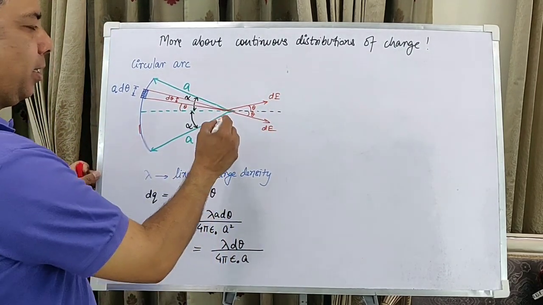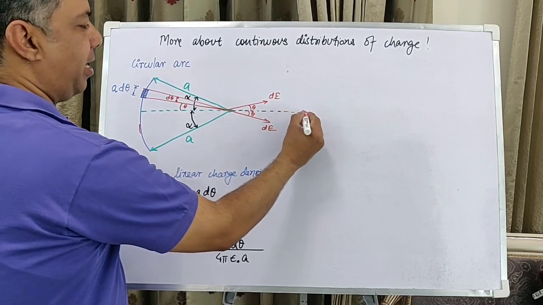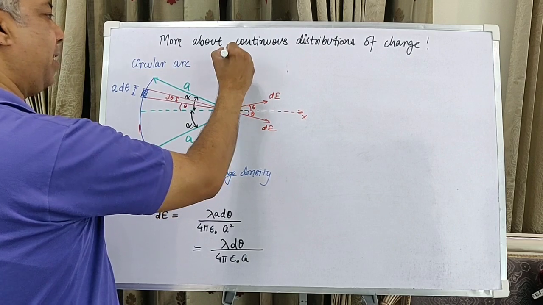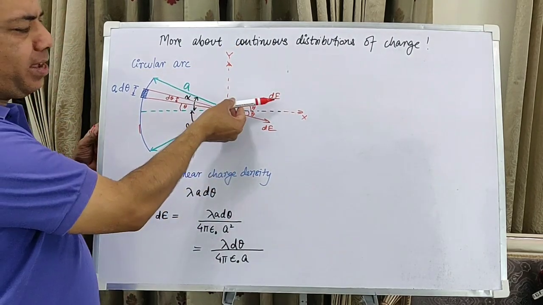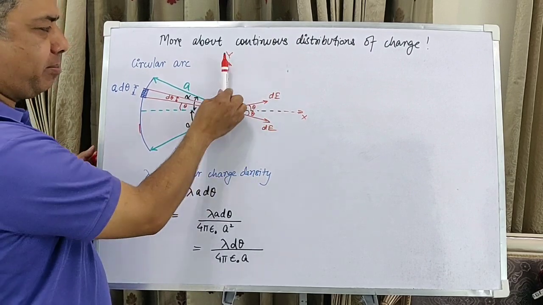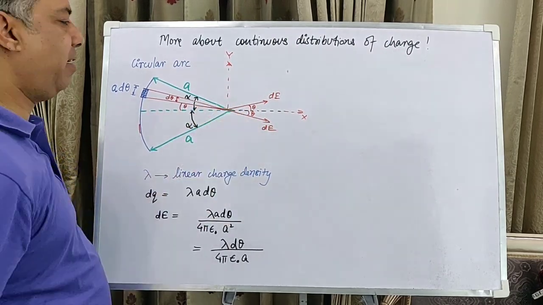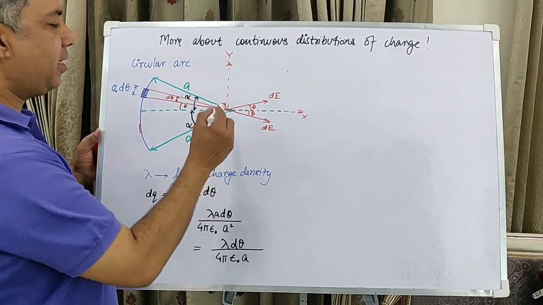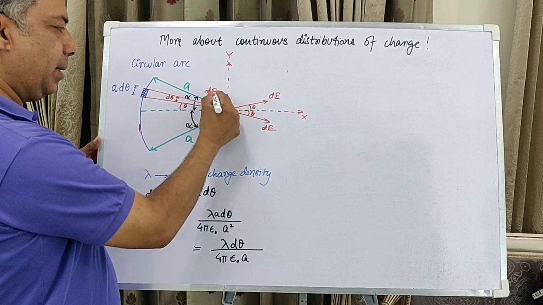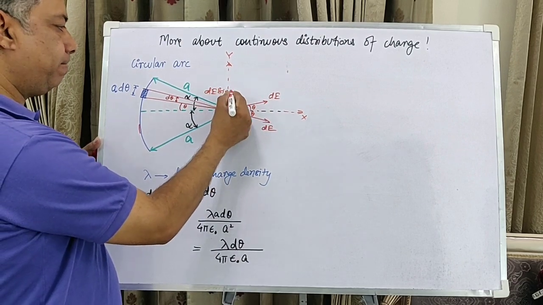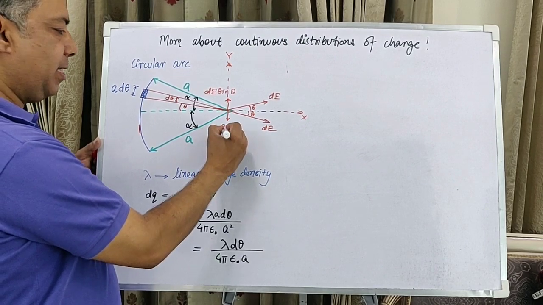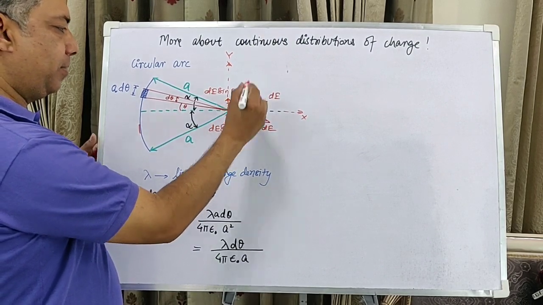Now if you notice, if we call this direction the x-axis and this the y-axis, then the y components of these dE fields will cancel out. Why do they cancel? Because they are exactly equal and opposite: dE sine theta and dE sine theta cancel out.